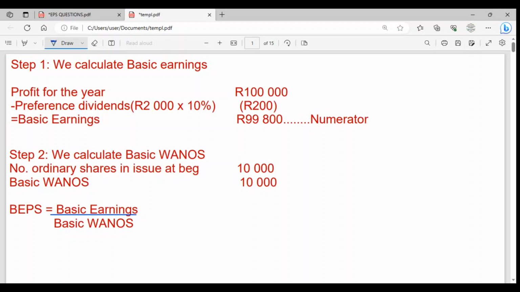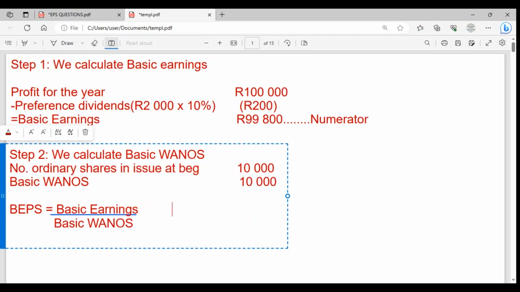So now let us sub in our values. Basic earnings is 99,800 divided by the basic denominator of 10,000. So we divide the two.